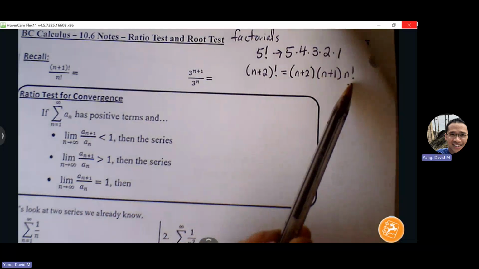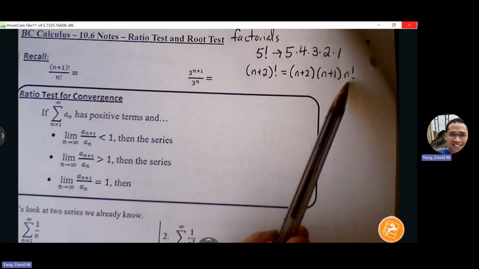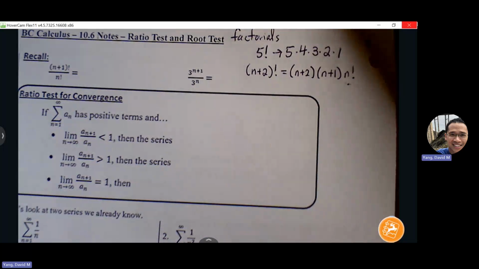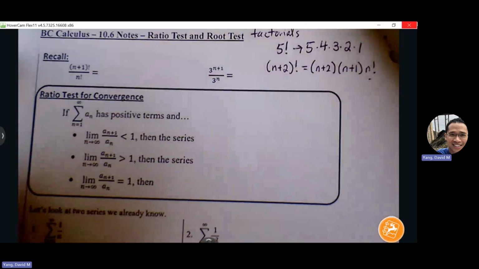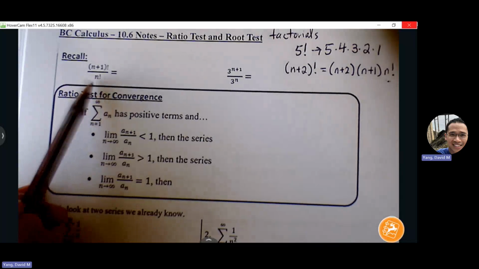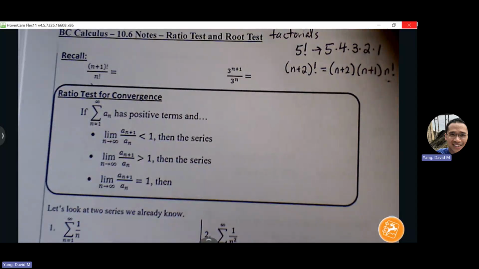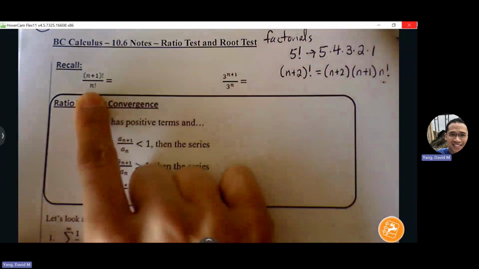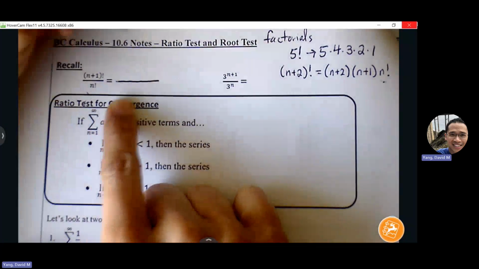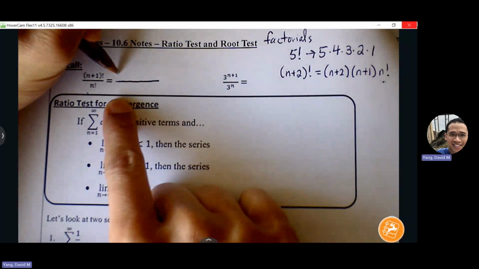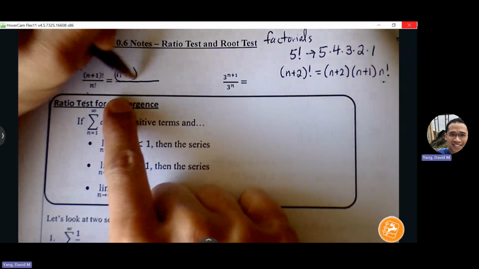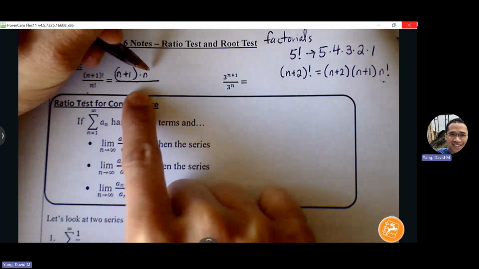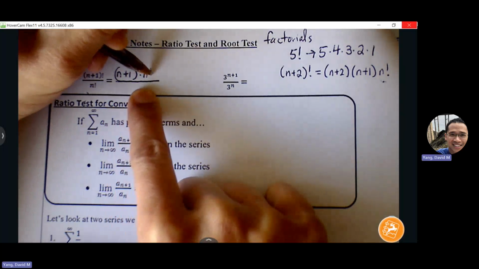Because then n factorial would be n times n minus 1 times n minus 2, all the way down to 1. So here, if I have n plus 1 factorial over n factorial, I can clean up the numerator in a way that will allow me to match and cancel out with the denominator. So n plus 1 factorial is equivalent to what? n plus 1... Right, but we just have to go as far as matching the denominator.